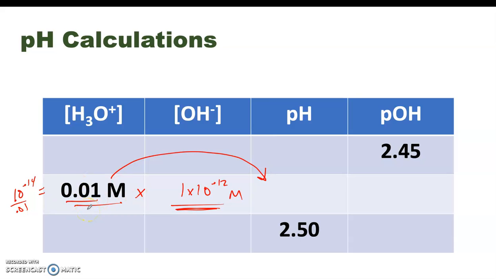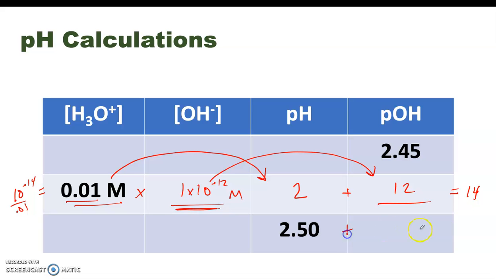So negative log, just to make sure I don't mess things up here, 0.01 should be 2. Yep. There we go. So you got a pH of 2. Now you could take the negative log of this to get the pOH, but it's probably easier to say this plus 2 plus what equals 14, and 2 plus 12 equals 14. So yeah, that's probably the quicker way to do that one.